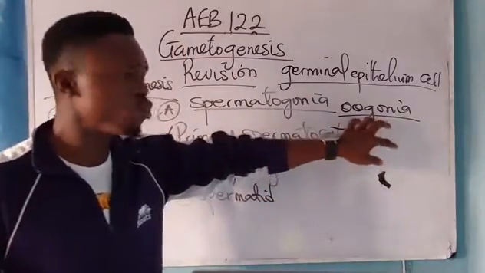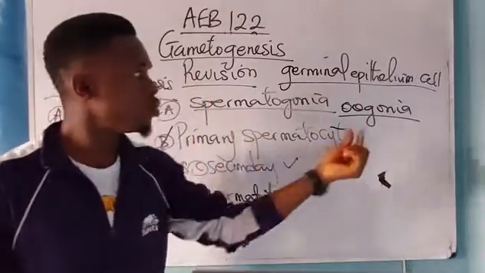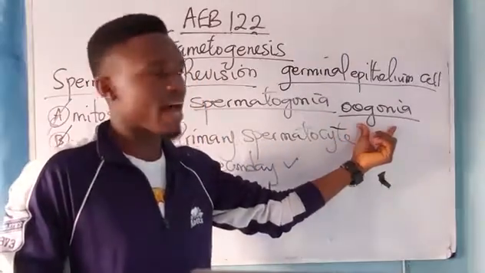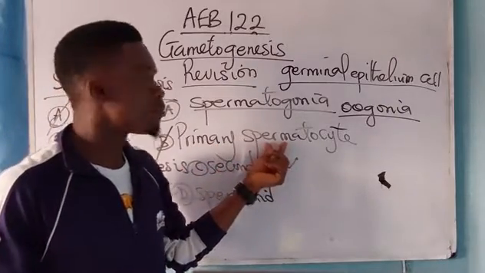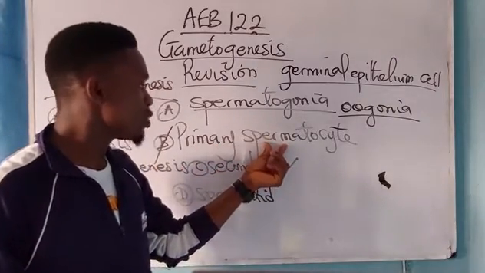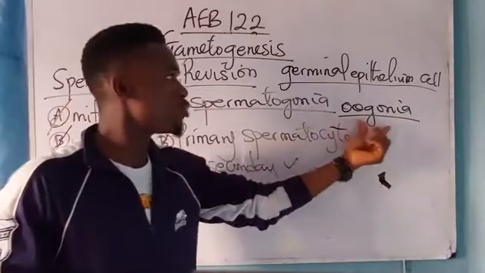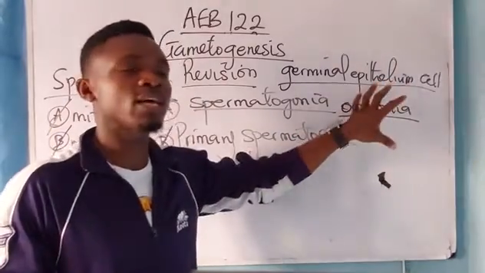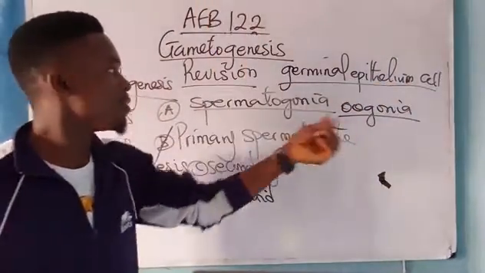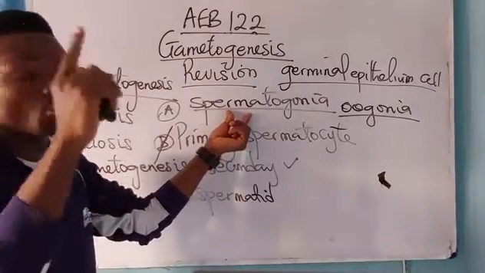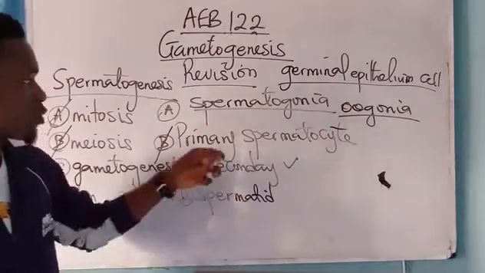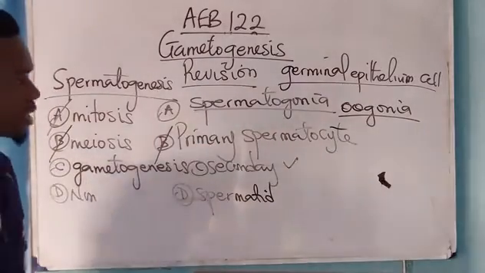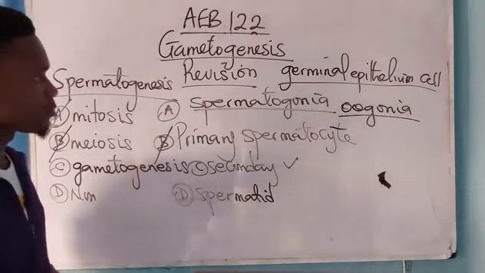Of all the oogonia formed, only one will increase in size to produce a primary oocyte. Please, it is not all of them that are functional, unlike spermatogenesis where each one develops. Please take note of that.